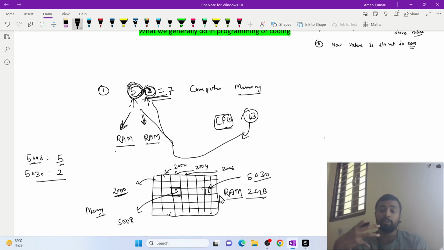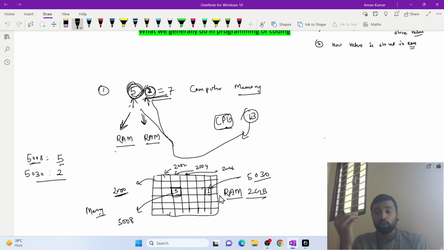How is 5 plus 2 done in a computer? To understand that, we took help of a human. How does a human actually perform 5 plus 2?